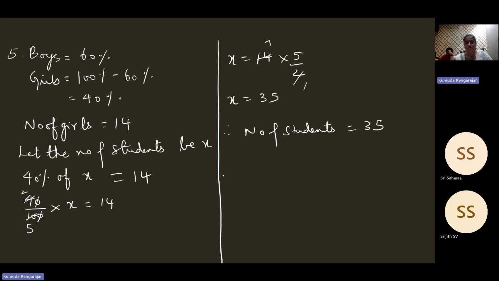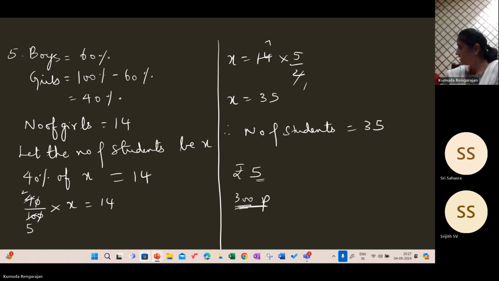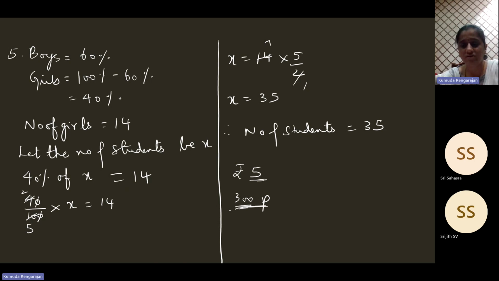Like if you have 5 rupees and 300 paise, you can't say 300 is greater than 5.